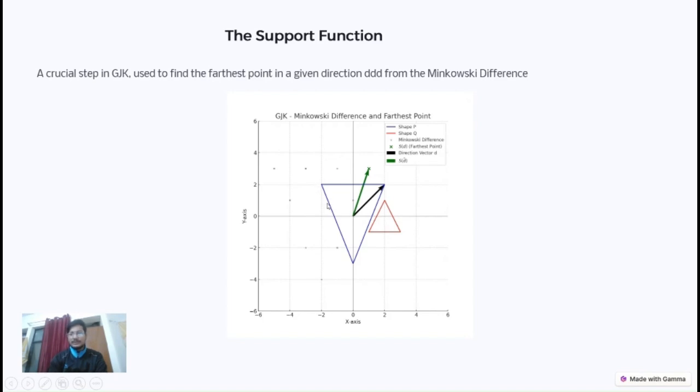Here the shape is a triangle, but let's consider it to be the quadrilateral, which was our original shape. It finds the furthest point from the shape toward the simplex, which helps in finding the separating axis, an intermediate step in finding the Minkowski difference.